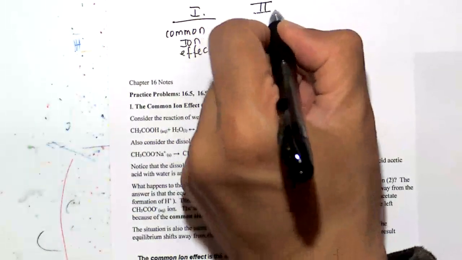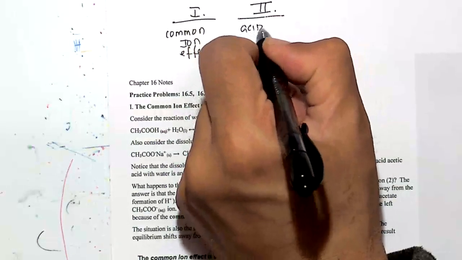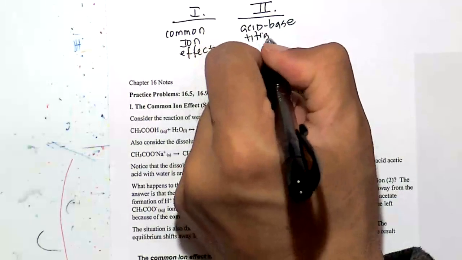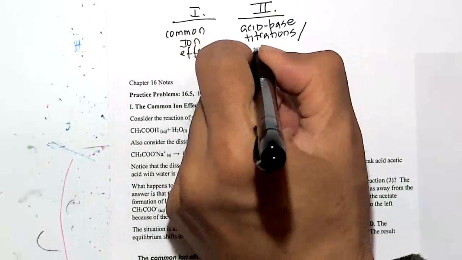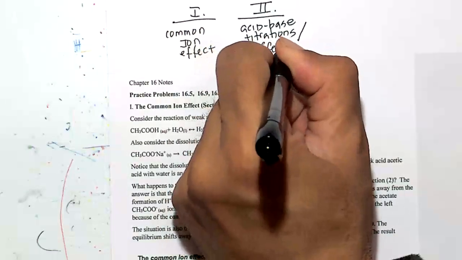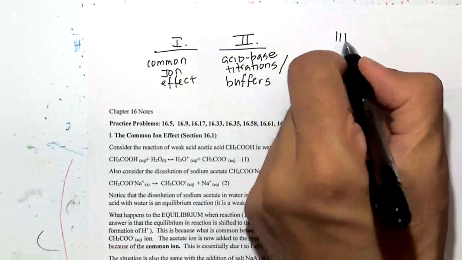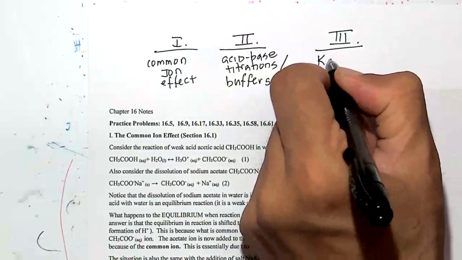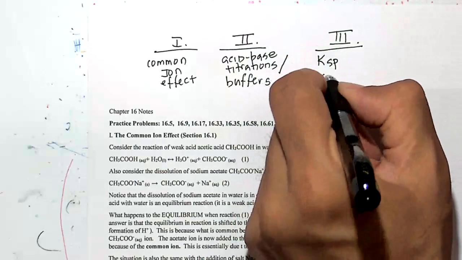The second topic is acid-base titrations, and I'll also throw in buffers. And then the third main topic of this pretty heavy chapter is KSP, called the solubility product constant.